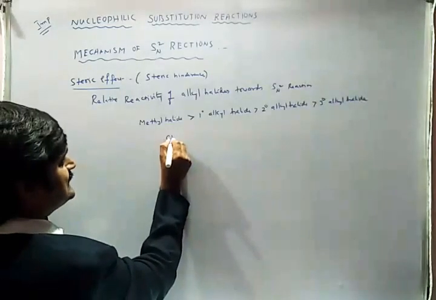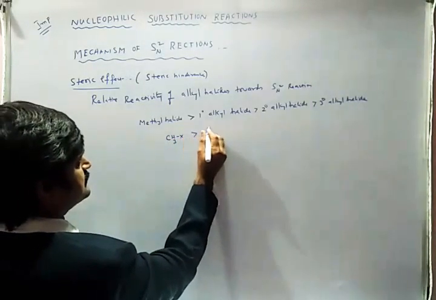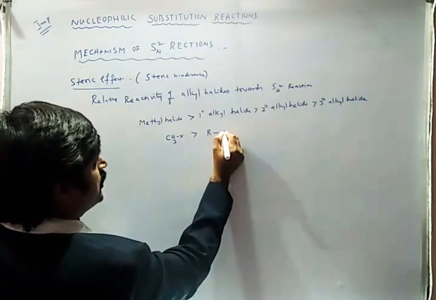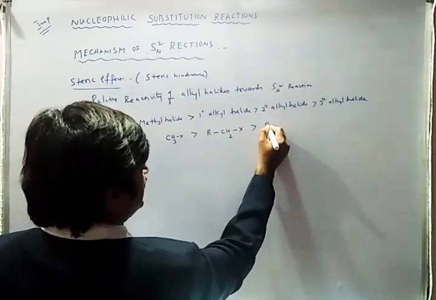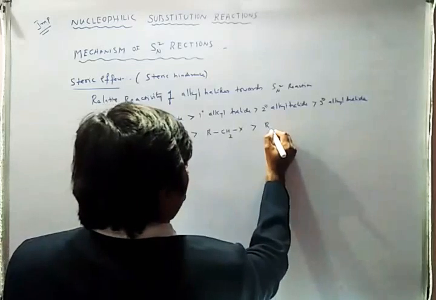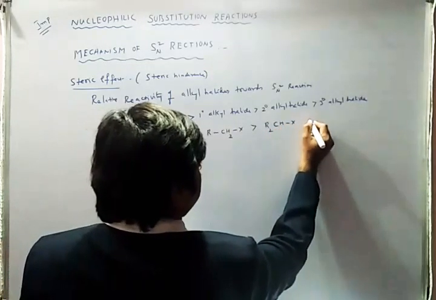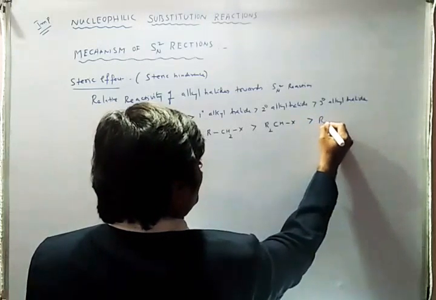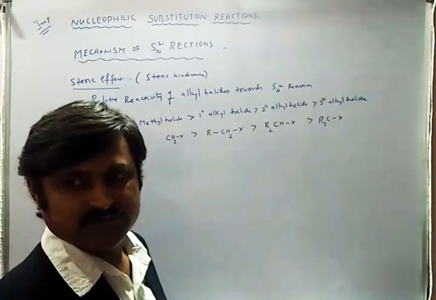This can be written as CH3X, then RCH2X, then R2CHX, then R3CX. So this is the arrangement.